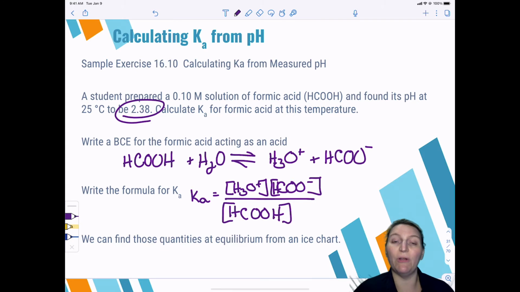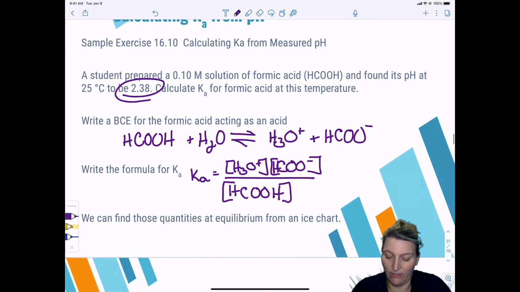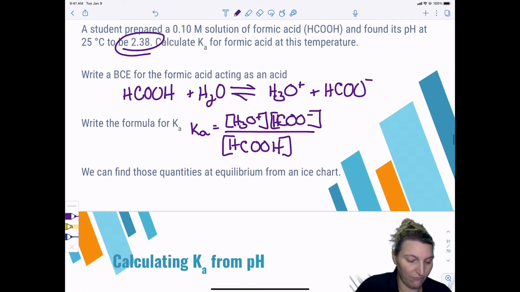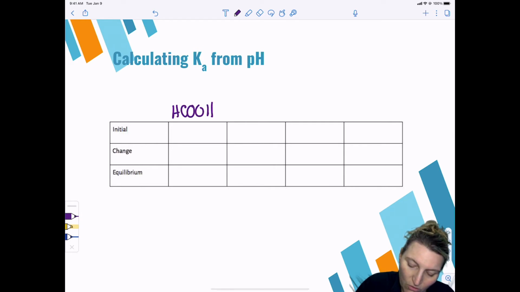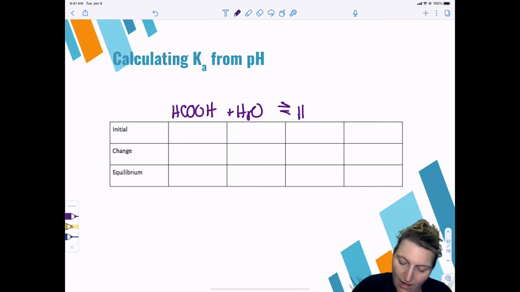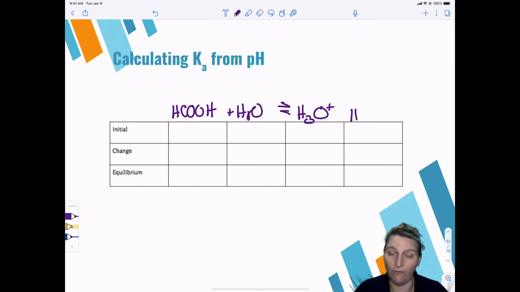So then we go to an ICE chart, because what we're going to need to figure out are basically all those numbers. So I write the chemical equation up top. HCOOH plus H2O in equilibrium with H3O plus and HCOO negative. Now remember, water is a liquid, so I don't even need to worry about water in this.